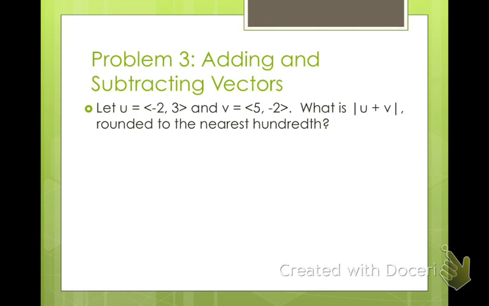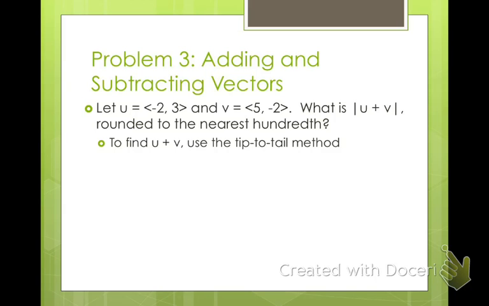Okay. Let u equal ⟨-2, 3⟩ and v equal ⟨5, -2⟩. What is the absolute value of u plus v? So this is different than just adding. This has the absolute value, and we're going to round it to the nearest hundredth. So what we do first is to find u plus v, we use the tip to tail method.